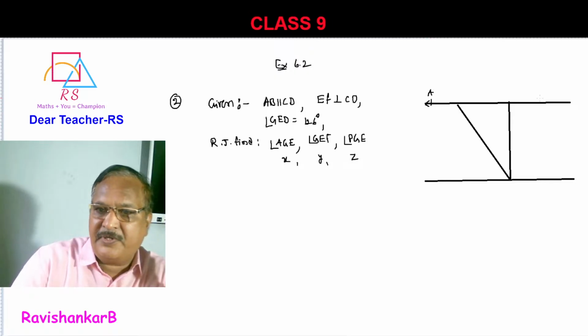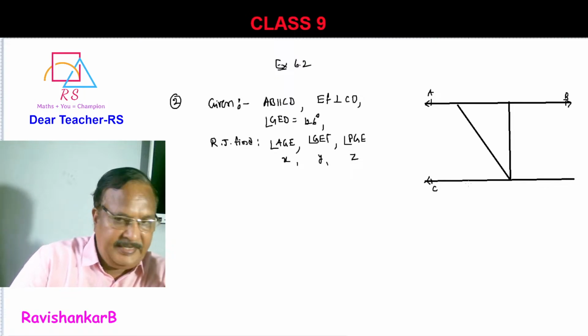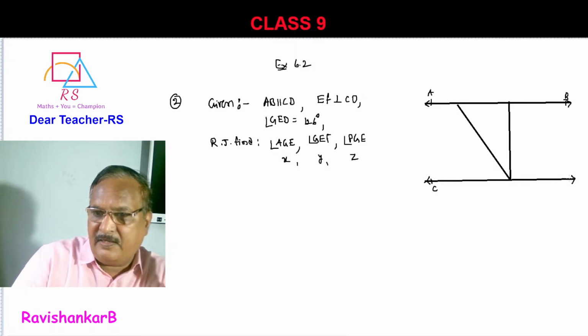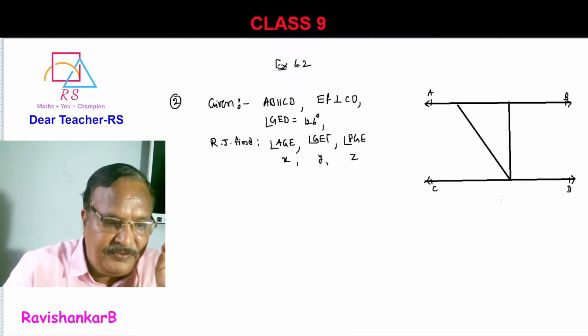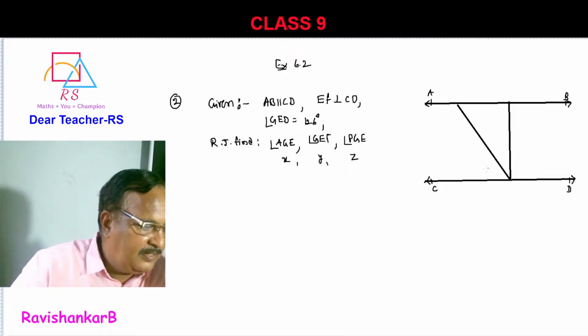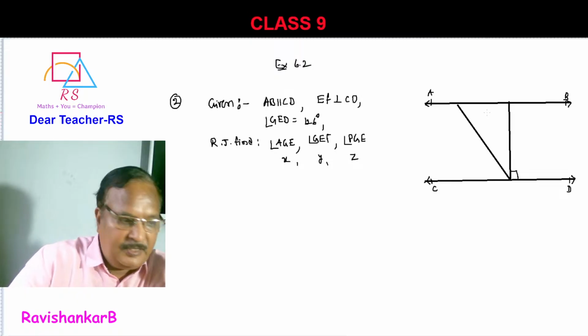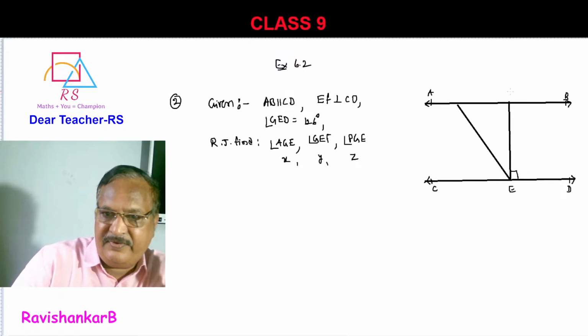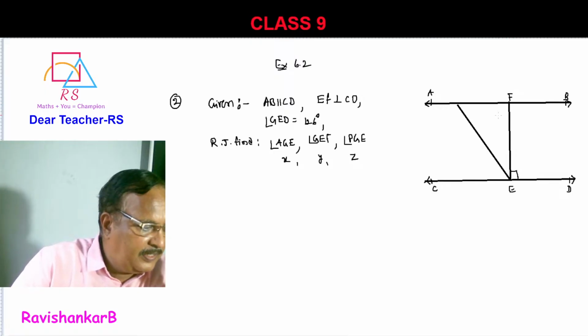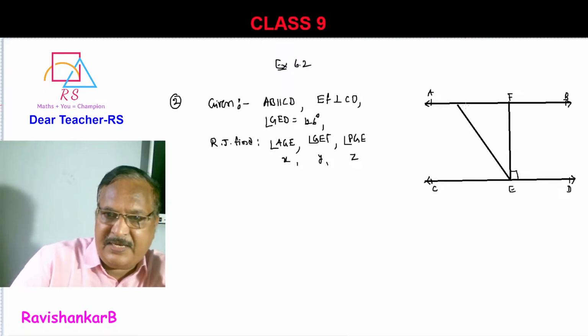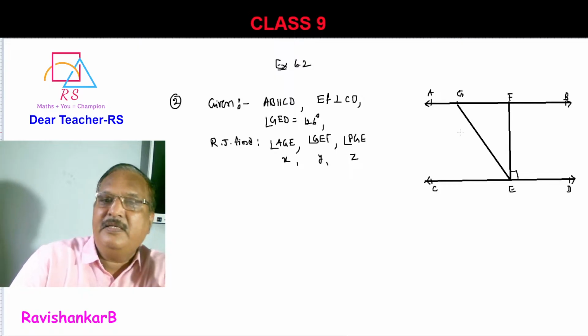Labeling is very important. AB is one line, which is parallel to CD. Okay, a nice diagram will give you a nice feel. And this is perpendicular. EF is perpendicular, E is down, and F is up. And GE is some line.